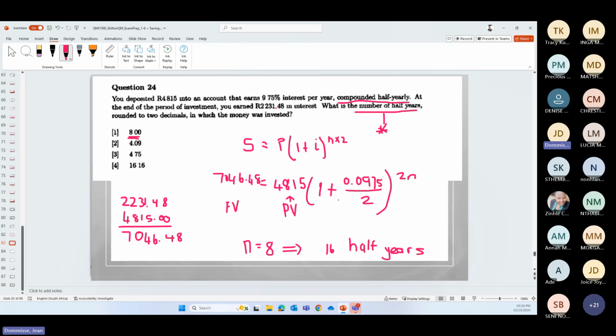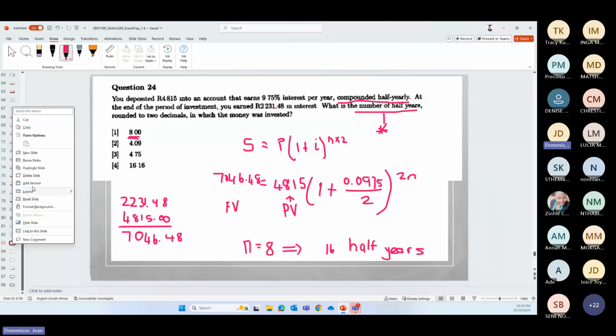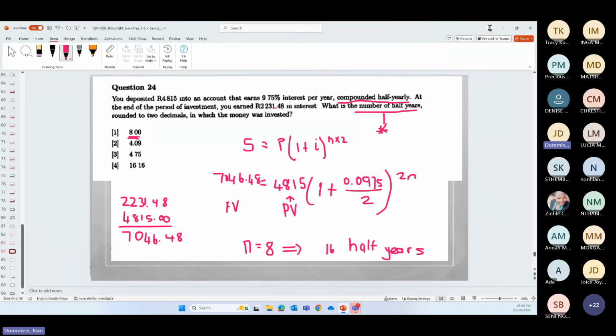Okay, if we had done it via the formula, then let's just quickly duplicate this. If we say we're going to use the formula, then we would need to first move this component to this side. So we would need to say 7046.48 divided by 4815.